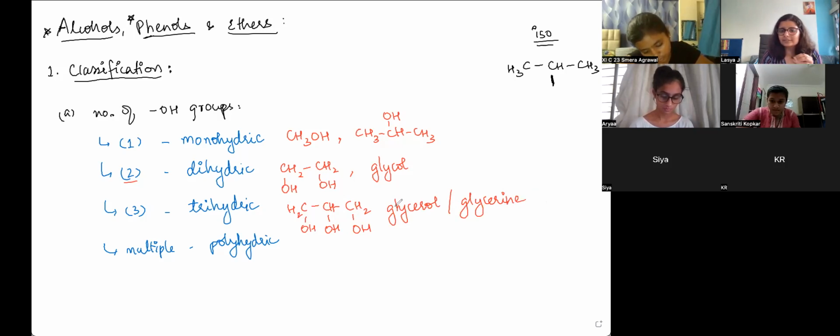The difference is, in its purest form, it is glycerol, and the commercial grade, what you see in stores, containing a little bit of impurities, preservatives, whatever it may be, is called glycerin. So this is the commercial grade of glycerol.